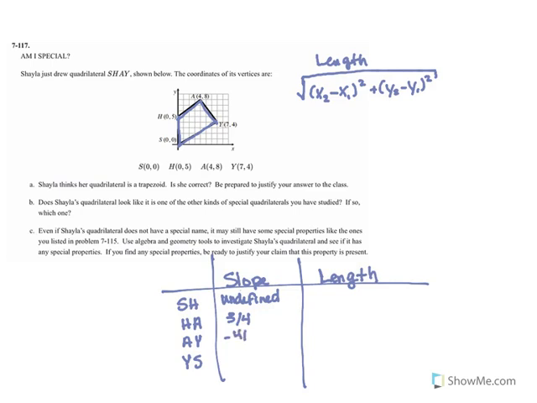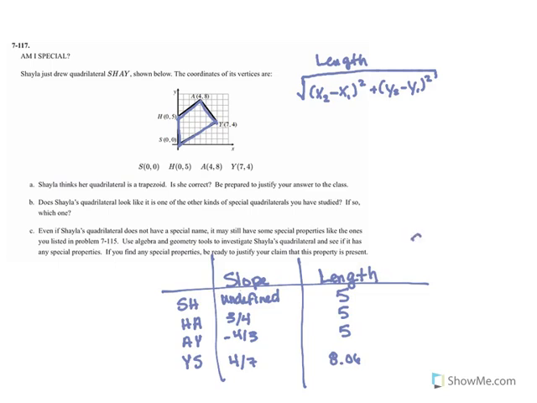The slope of AY is -4/3. And the slope of YS is 4/7. We had that one already. Now I got the length of SH is 5. The length of HA is 5. The length of AY is 5, and I got the length of YS is 8.06.